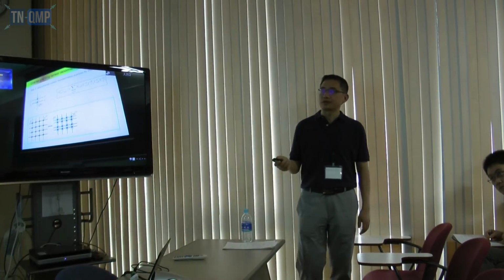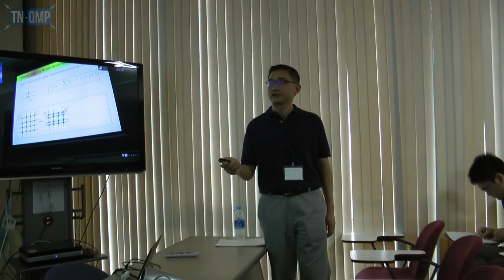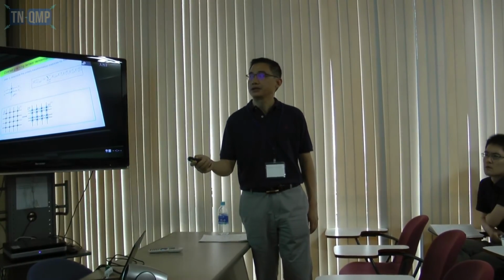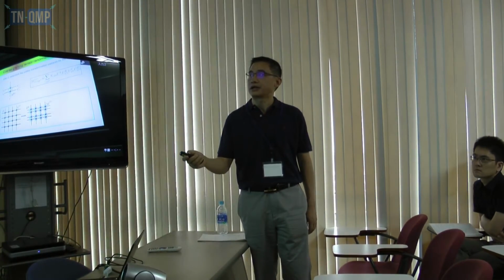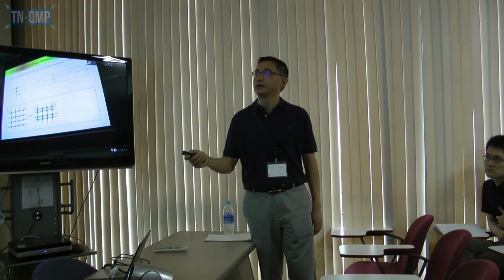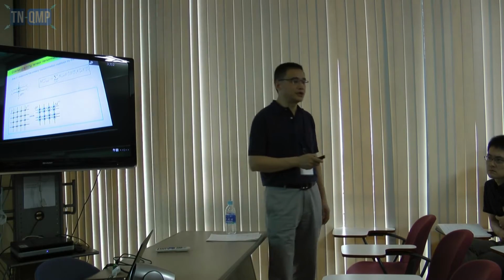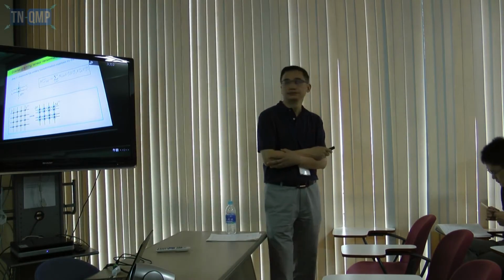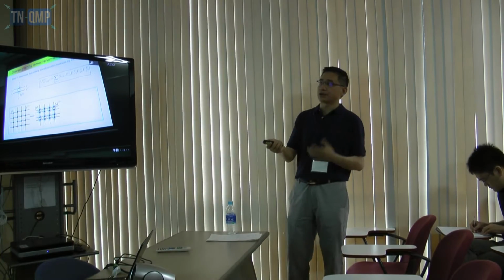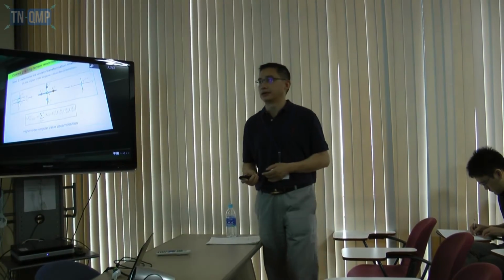Then do a singular value decomposition. The higher order singular value decomposition is to decompose this tensor into another tensor, which is called the core tensor, with 4 unitary transformation matrices. This is called higher order singular value decomposition.